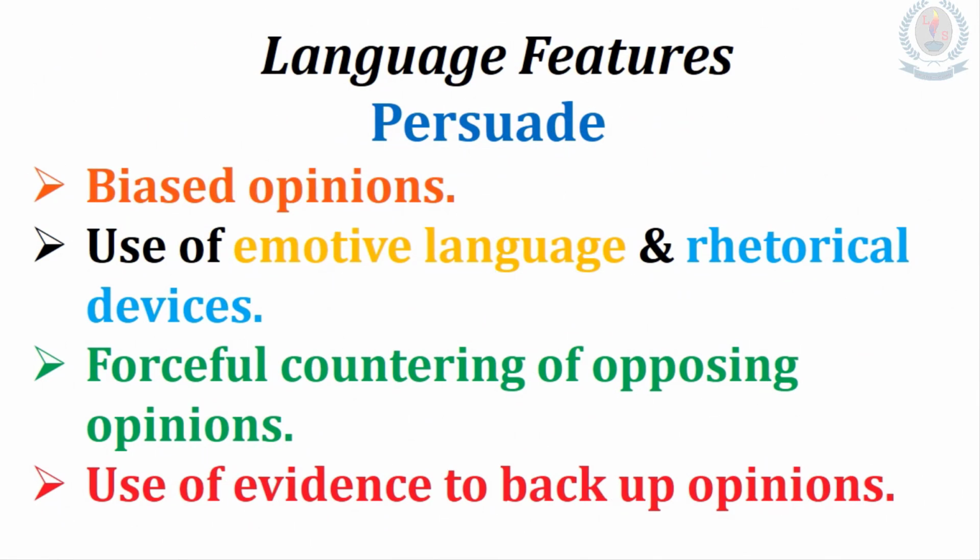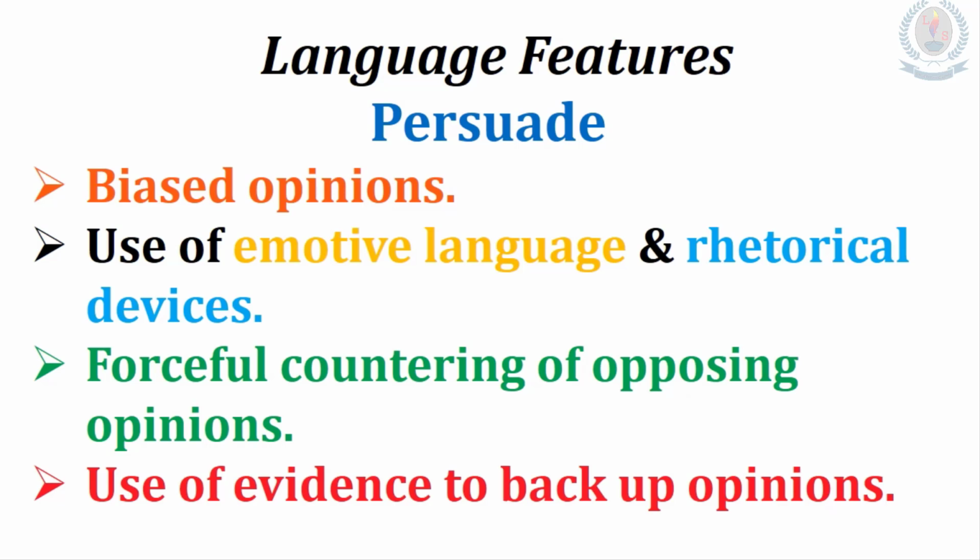Yes, so we have moved to language features of persuade. Let's read one by one to see what the language features are which go with persuade. You all have to read with me, right? Let's start. Biased opinions.